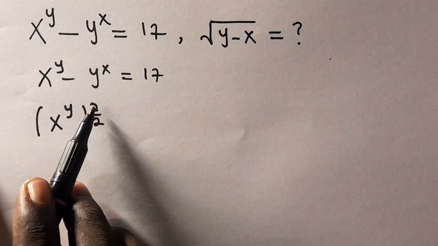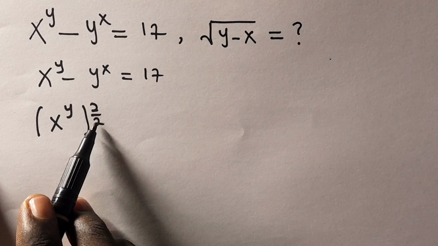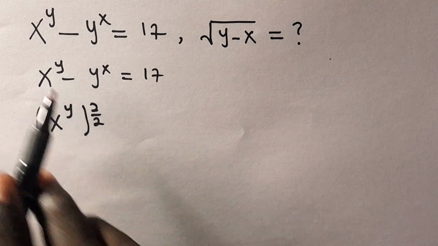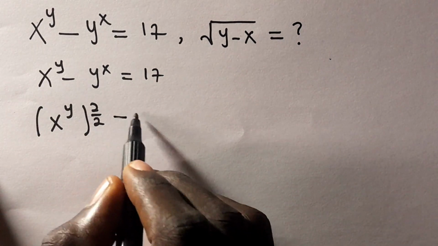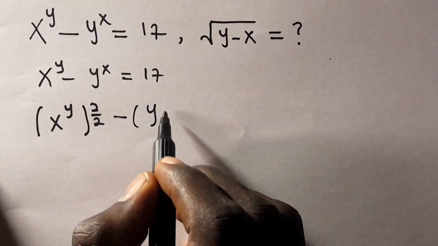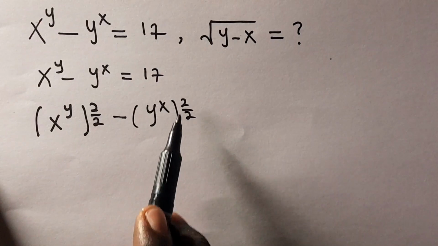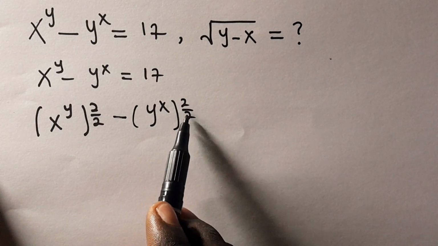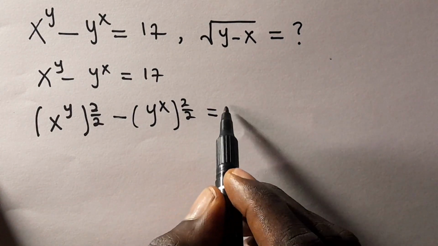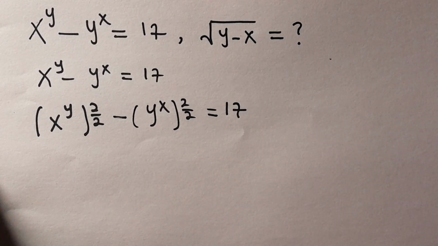We believe that 2 divided by 2 is equivalent to 1. So everything here will be equal to this one back. And also, y raised to power x raised to power 2 divided by 2 here will be also equals to 1. Then we can let everything equals 17.